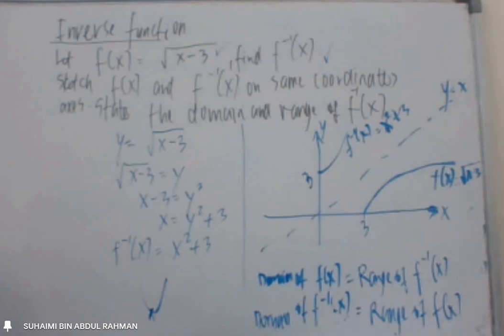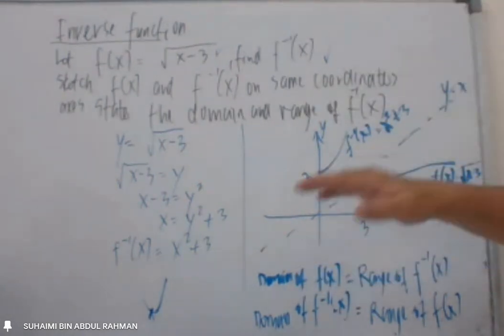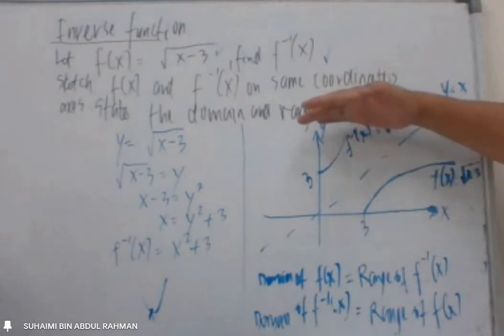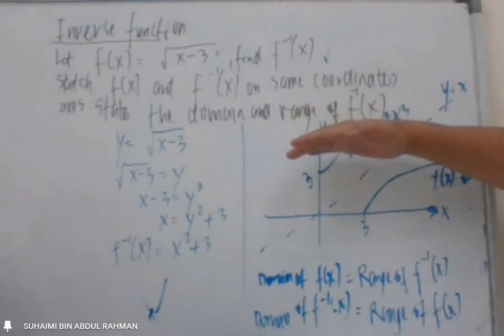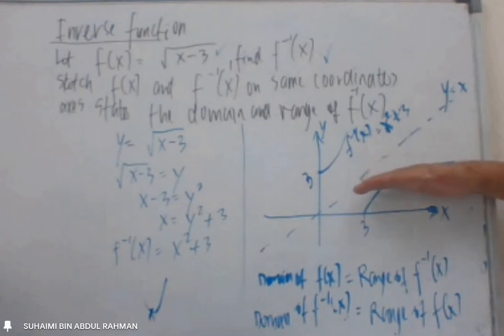Sir, for the graphical method, what's the meaning of intersecting at most one point? It means that when you drag the line, it will always have one intersection.